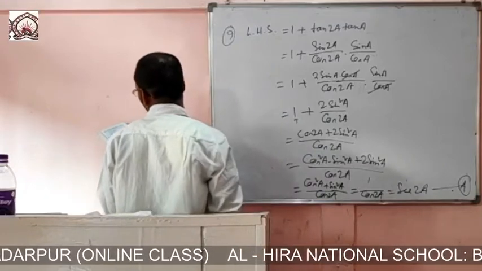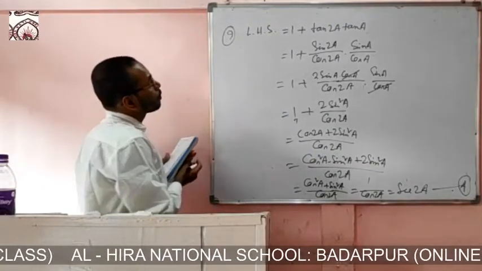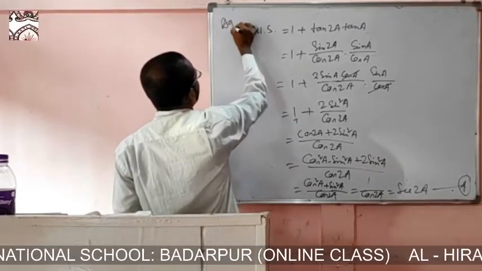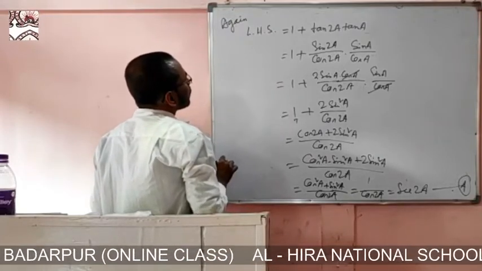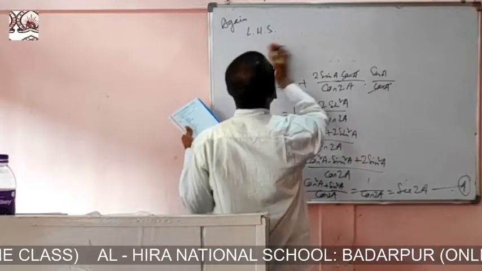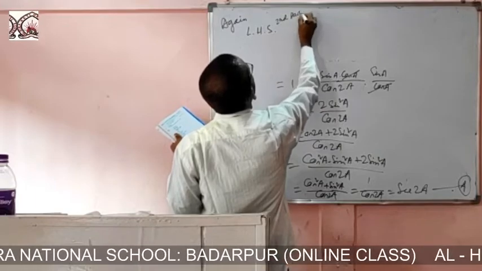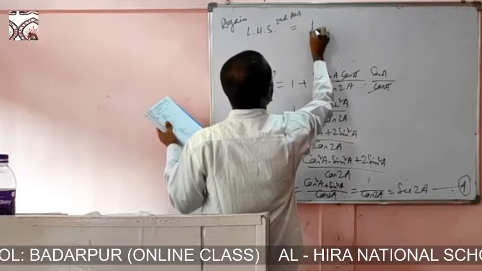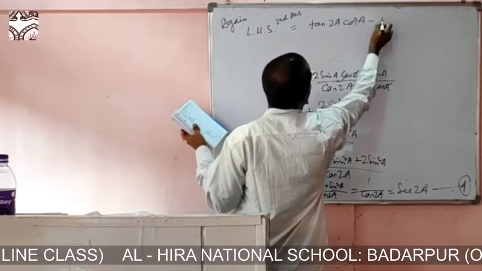Again the second part, LHS is equal to tan 2a into cot a minus 1.